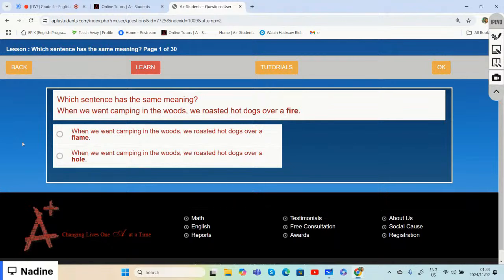And if we were to choose the option that means the same as over a fire, then yes, we will say option one, over a flame. So fire and flame is the same. So well done.